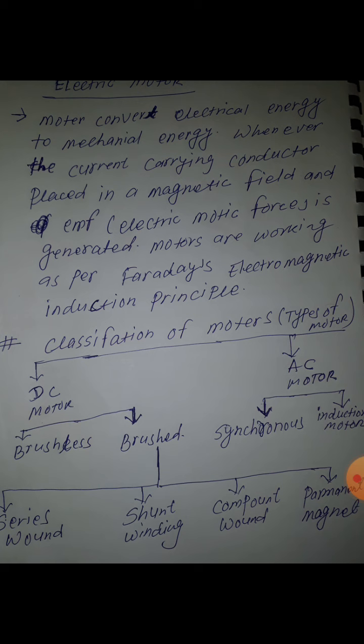Wherever a current carrying conductor is placed in a magnetic field, an EMF, electromotive force, is generated. To a motor we can give a three phase supply; most big industries use three phase supply. It produces a magnetic field, and the magnetic field produces EMF, and this does the work.